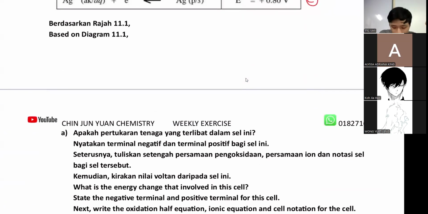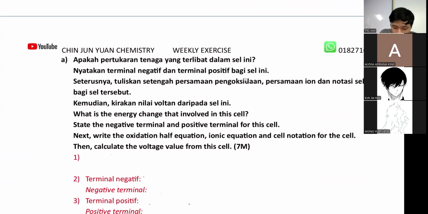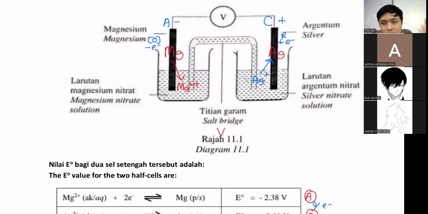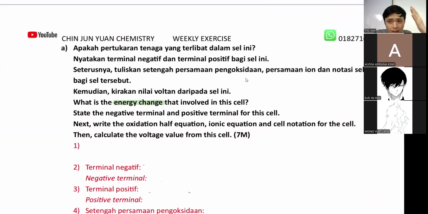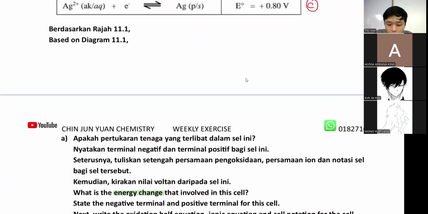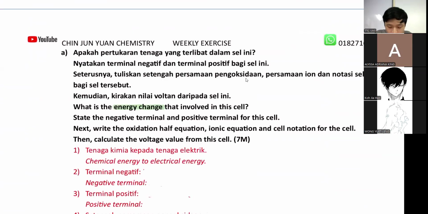So they ask for the energy change involved in this cell. Voltaic cell means itself is a battery. Itself can produce electricity. The change is from chemical energy to electrical energy.